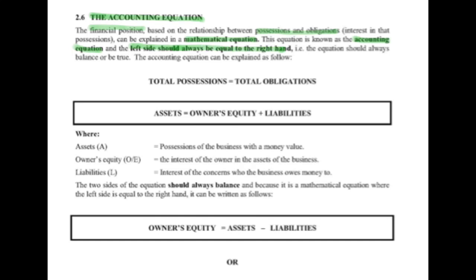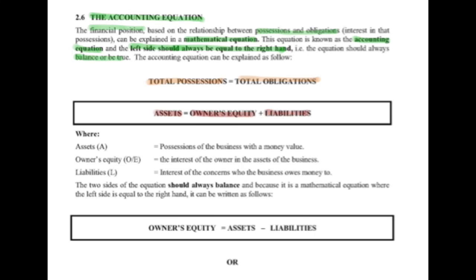In other words, the equation should always be in balance or be true. The accounting equation can be explained as follows. So in other words, the total possessions equal the total obligations. In other words, assets are equal to owner's equity plus liabilities.